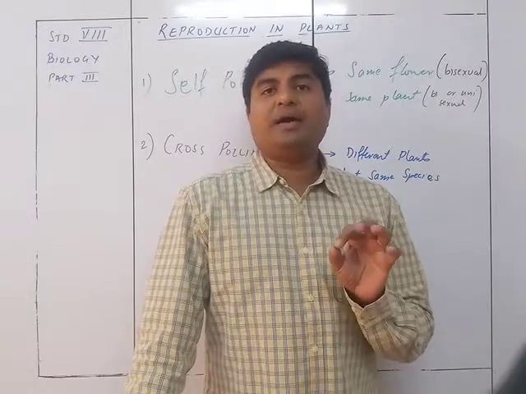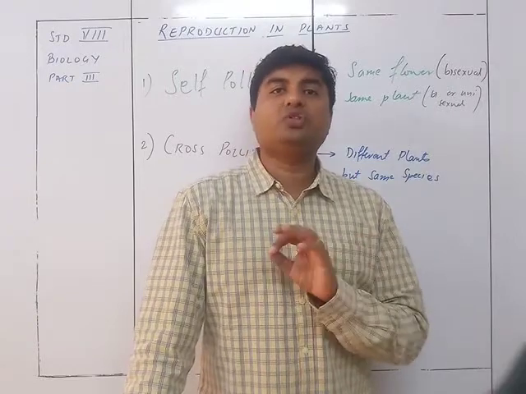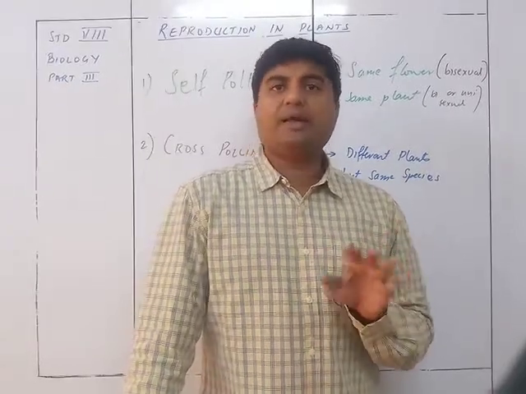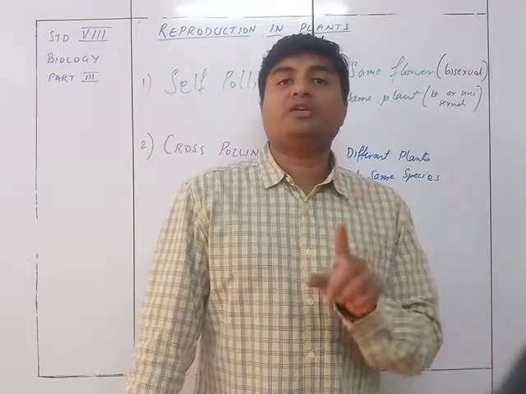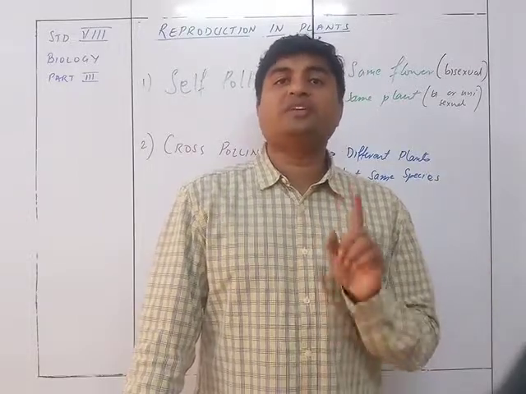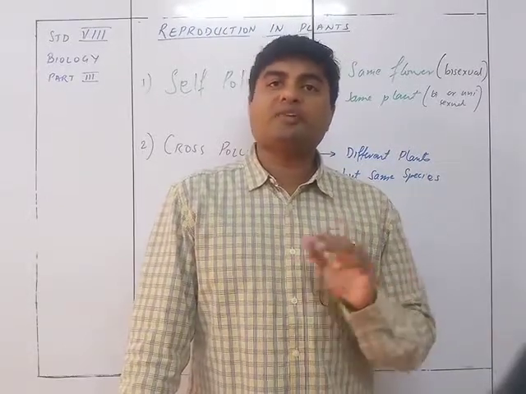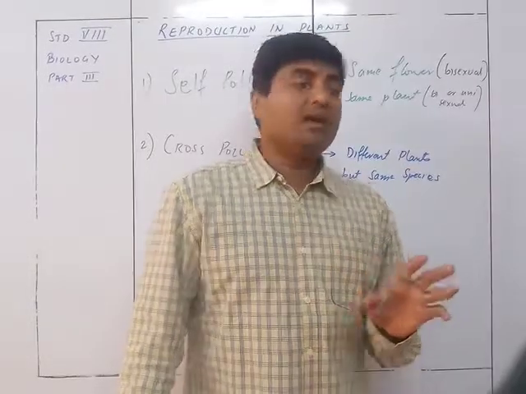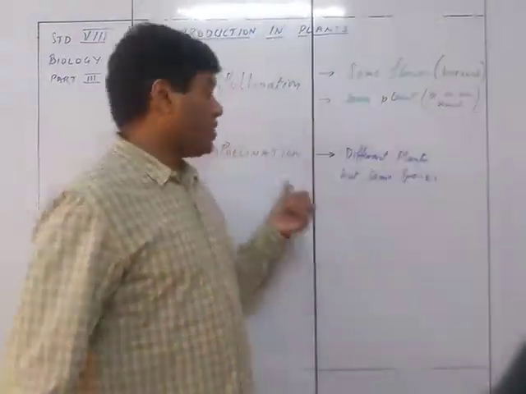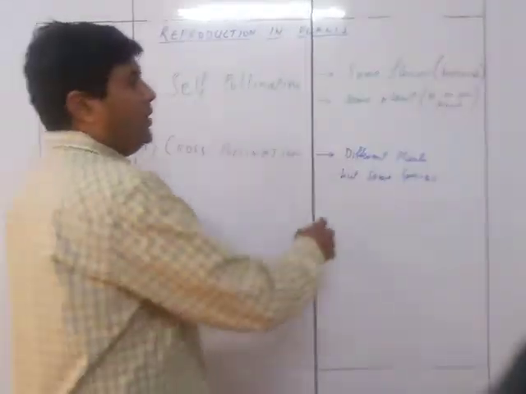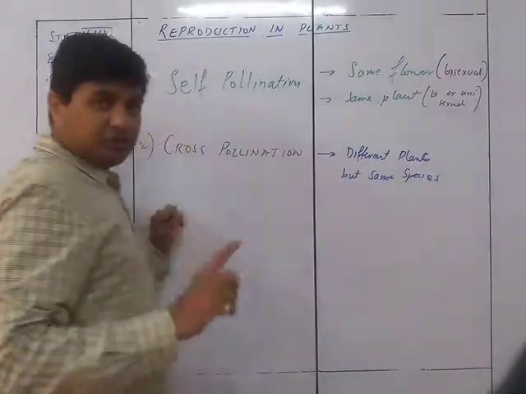If the pollen grain on top of the stigma is not accepted by the stigma, then pollination will not take place. And why will it not accept it? Because it finds that it is not of the same species. If the pollen grain coming on top of it is from some other species, then this kind of pollination cannot take place. Hence cross-pollination takes place in different plants but of the same species.